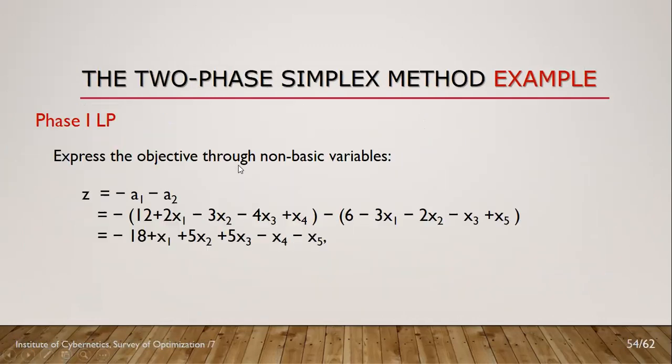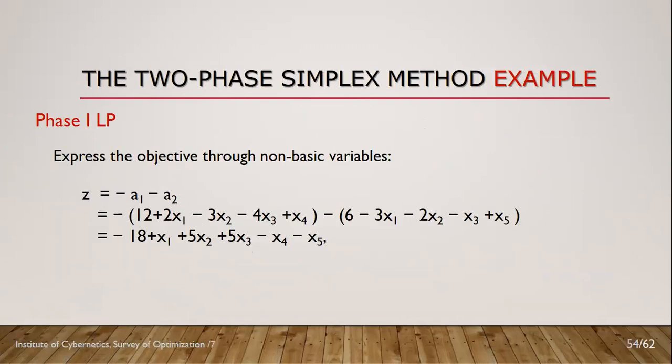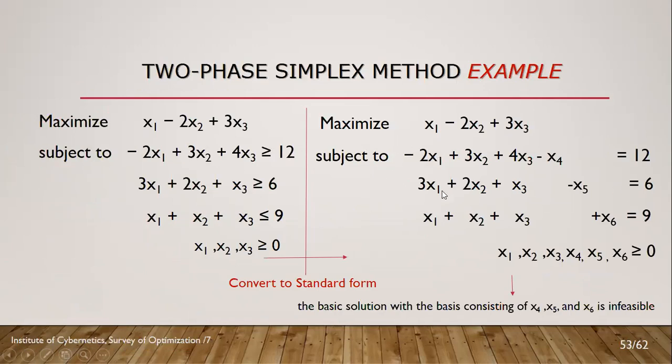We have z equals negative a sub 1, negative a sub 2, or z minus. Then we substitute the values for a sub 1. Here is one of them, and here is the other one. We would get them from the constraint, from here.